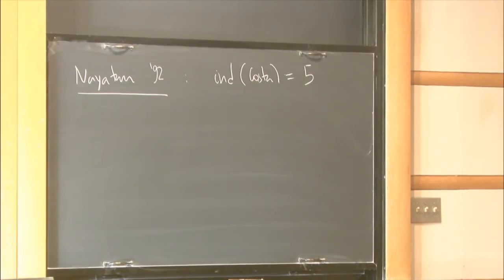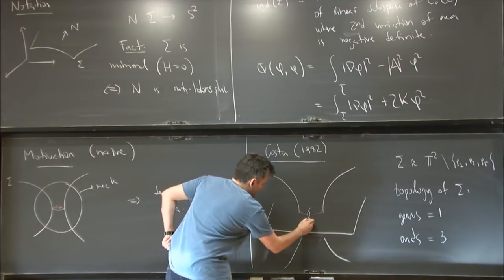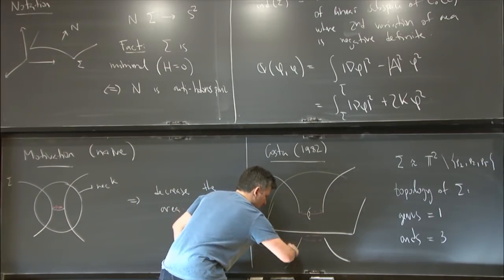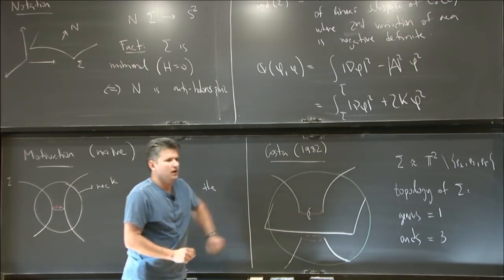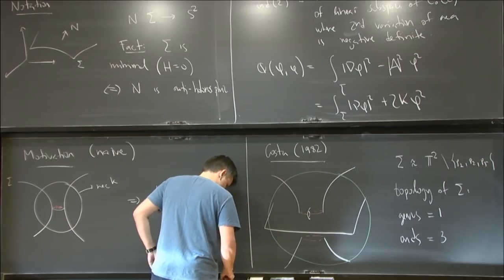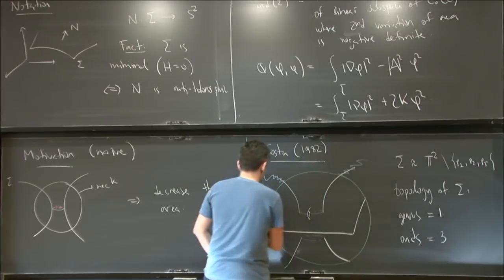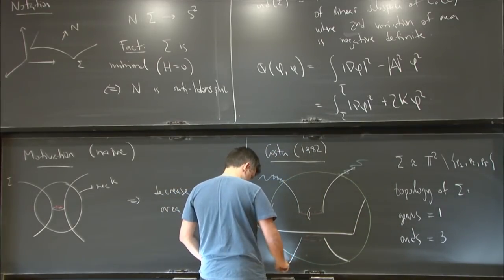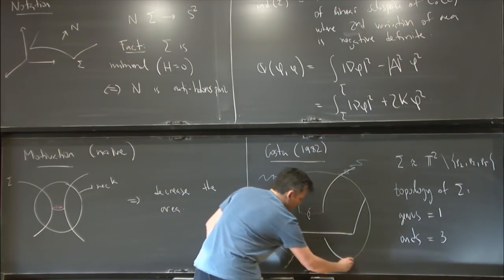Another point that I want to make with this example is that if I take a ball of radius r large enough to remove all these necks from the picture, and just look at what is outside, this piece here, this piece there, and of course this other piece, what remains below.